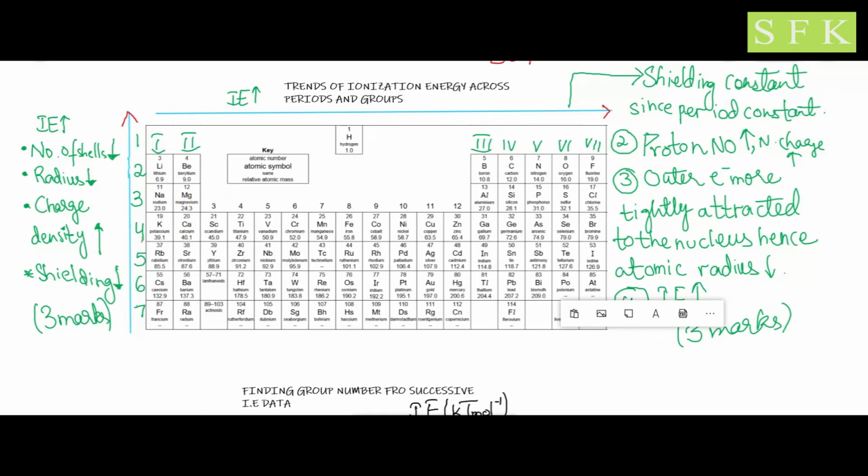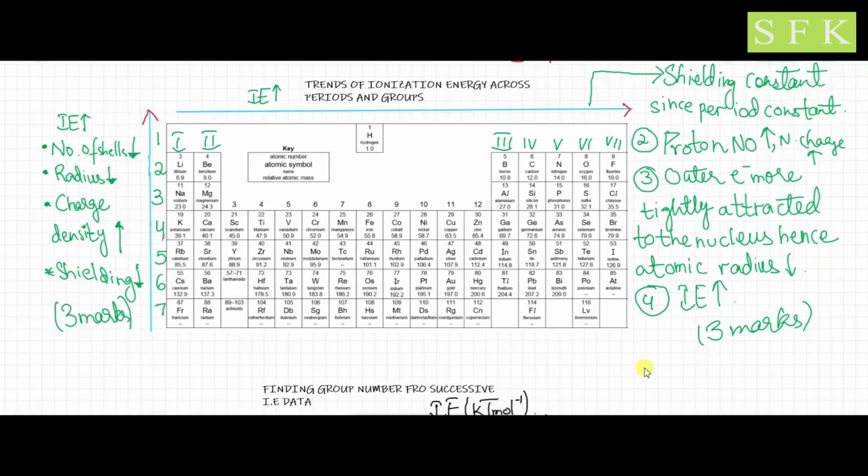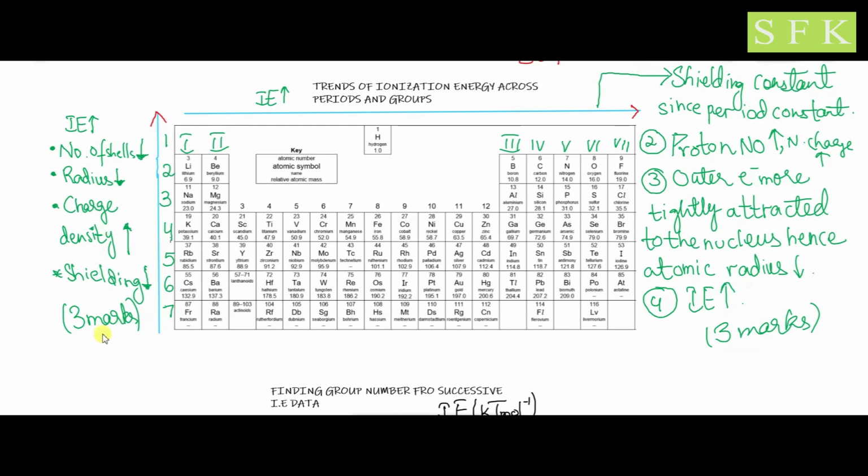Okay, now these are two separate questions for 3 marks that have been asked in separate years, and each has been of 3 marks. So it's better to learn these points after understanding them. Up the group, you know that the period number of each element represents the total number of shells in it.